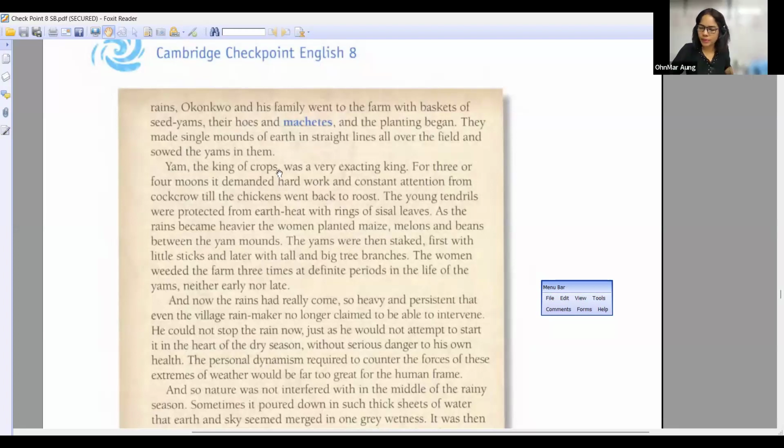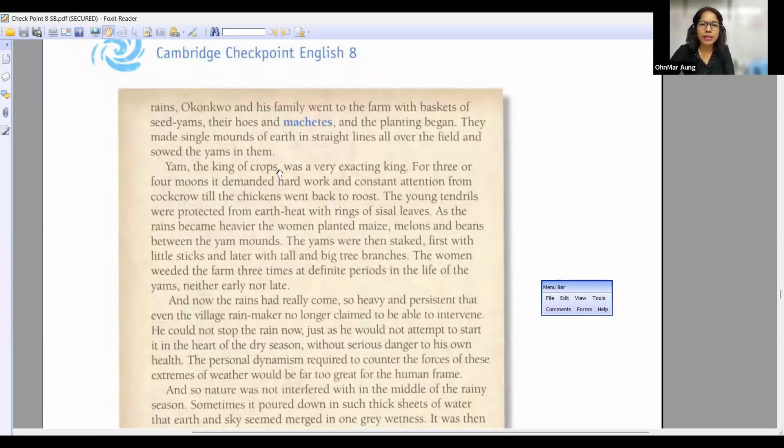Yam, the king of crops, was a very exacting king. So they called yam the king of crops. For three or four months it demanded hard work and constant attention from cockcrow.